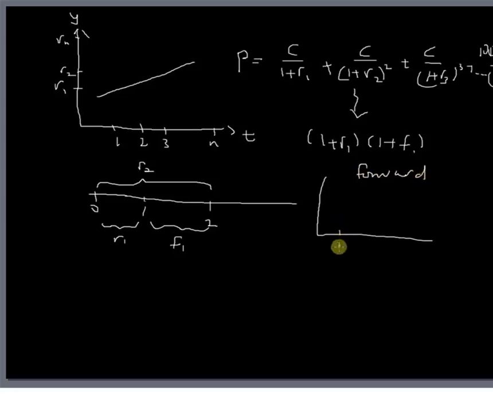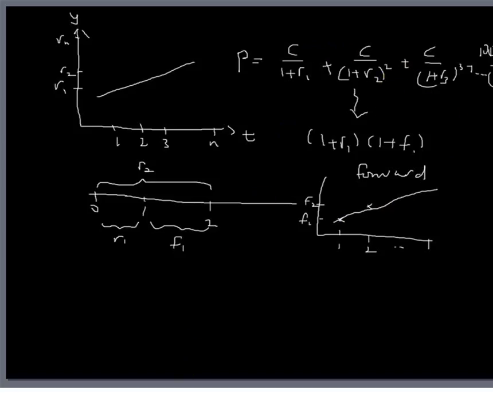So we have year 1, year 2, all the way to year n, and then we plot F1, F2, and so on. That's the forward curve, and we do so by getting the bond prices for different tenors.